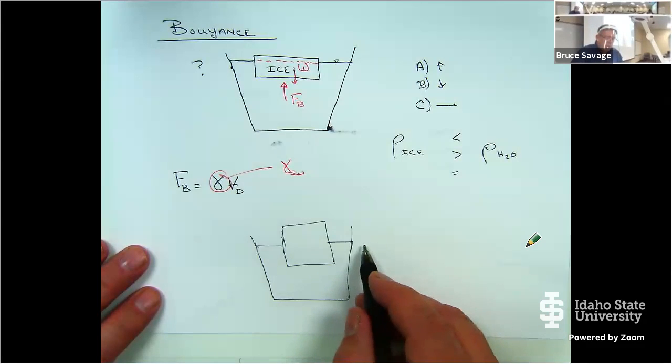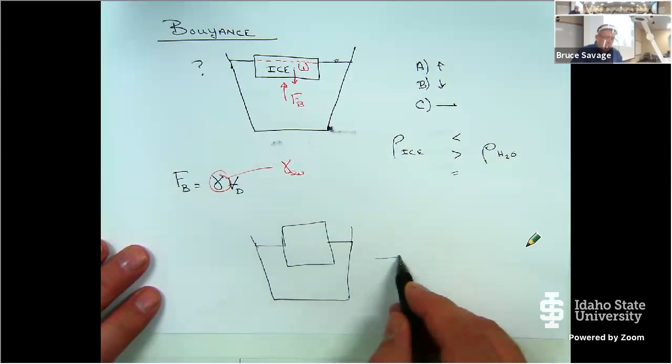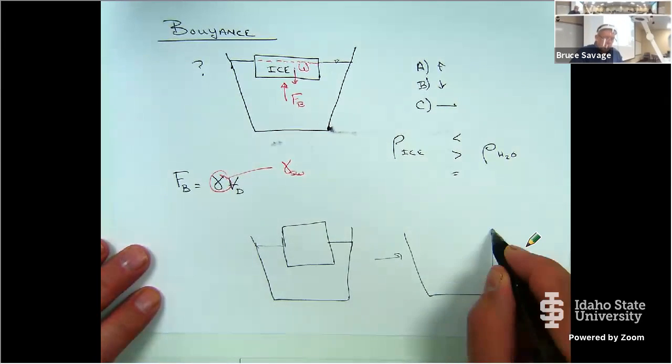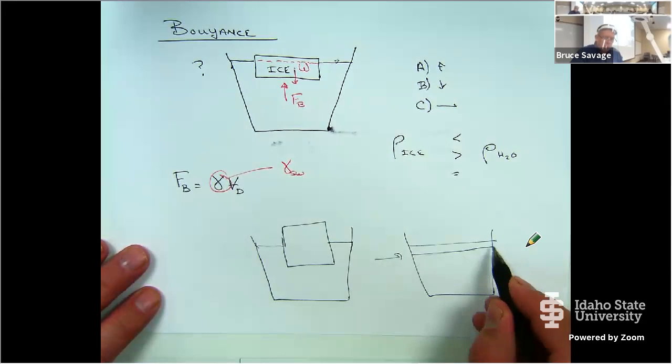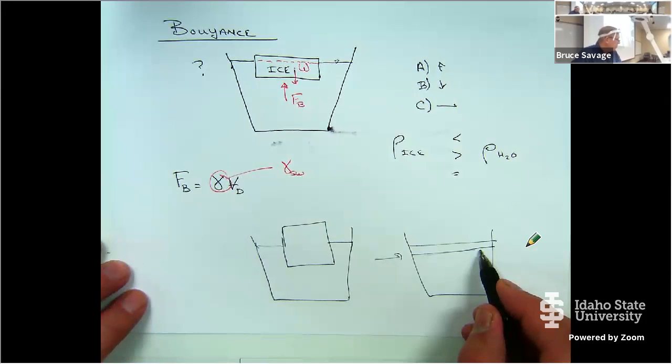And now when it thaws, it's going to spread out to this scenario where there's going to be a layer of water and a layer of oil. And because it's less dense and it spreads itself out, I still say the water level is going to change.